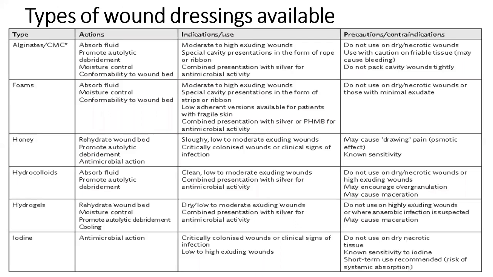But you must pack it with a good amount of gauze as a secondary layer. Just forget about the precautions and contraindications for now. These things are very practical. Sometimes these can be used on necrotic wounds.